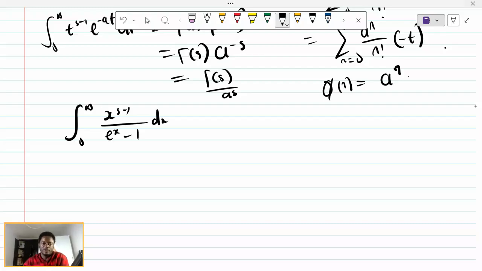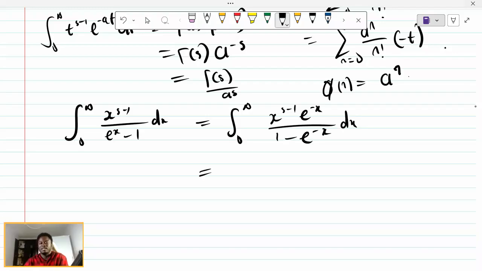Now, you need to focus on the expansion of this. So you can multiply the top and bottom by e to the negative x. So this is the integral from 0 to infinity of x to the s minus 1 times e to the negative x all divided by 1 minus e to the negative x, dx.